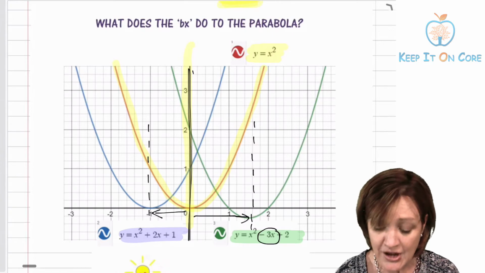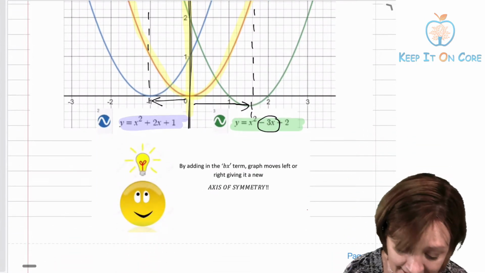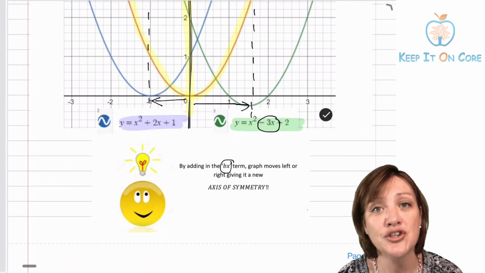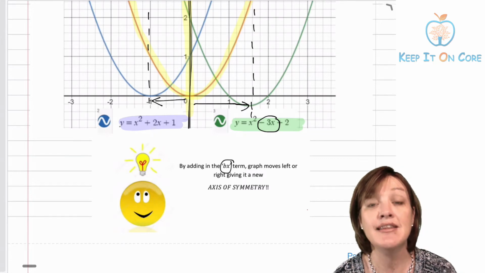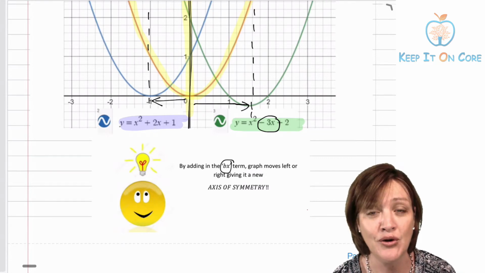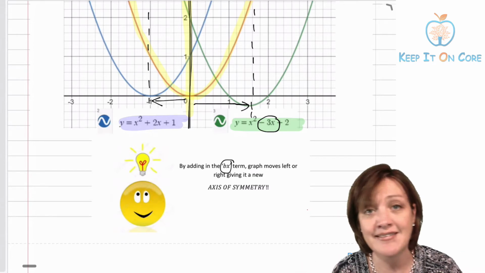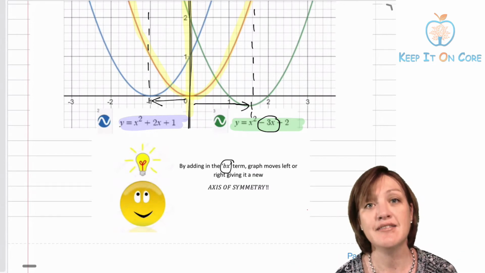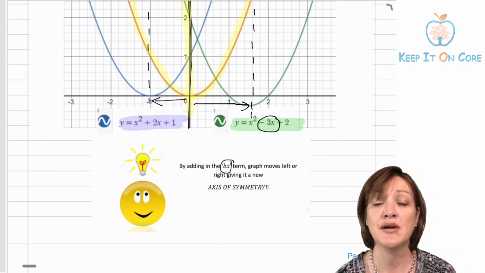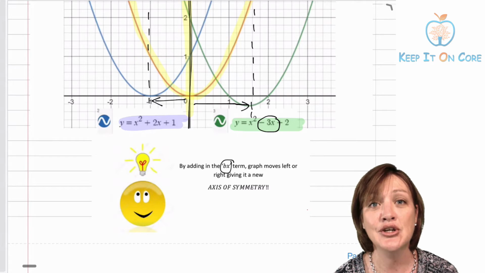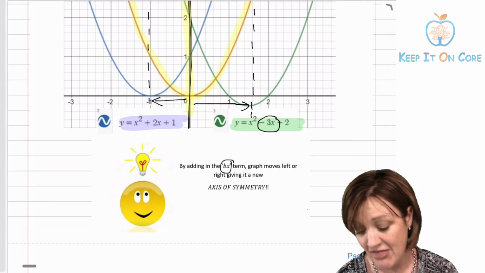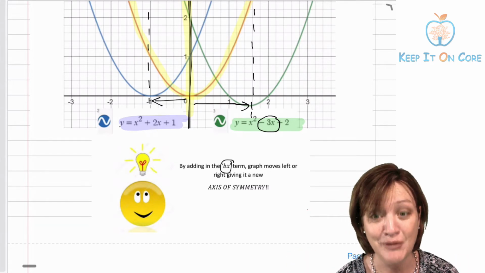So by adding this bx term into your standard equation, the influence it's having on your graph is a horizontal shift. And by adding a horizontal shift, we're creating a new axis of symmetry that we then need to find the value of.